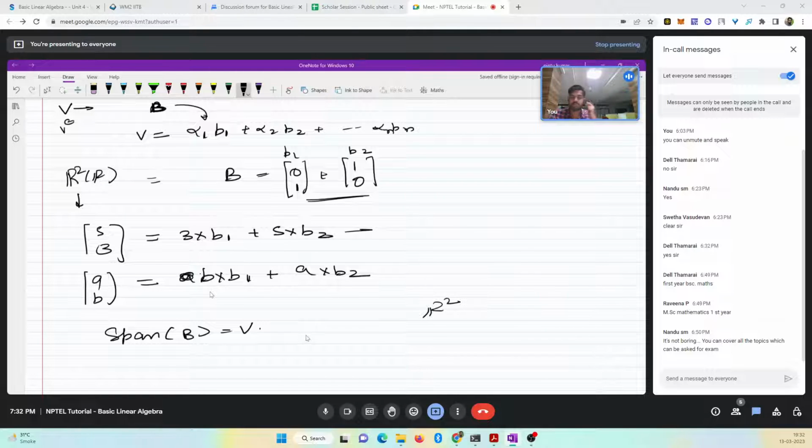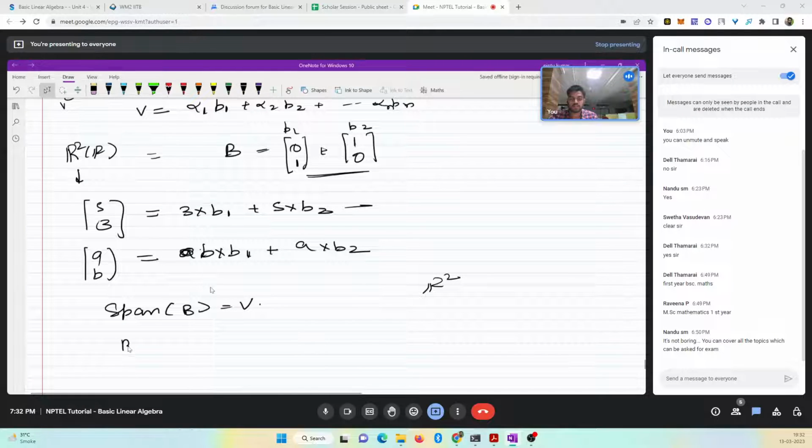The second one was that if I have a smaller set, let's say B1 which is a subset of B, then this should not be satisfied. So let's say you decided to remove this one. Can I write (2, 0) using just this B1?